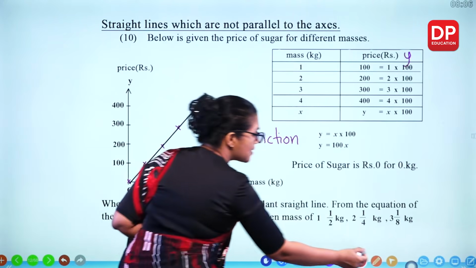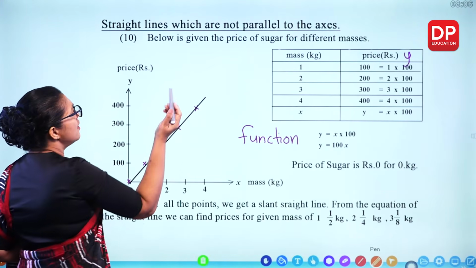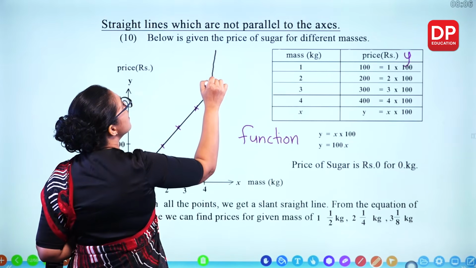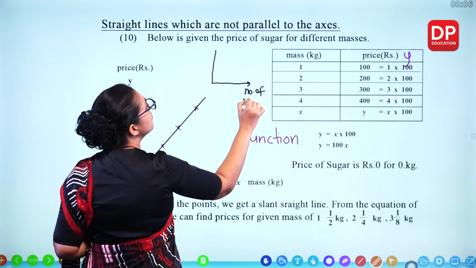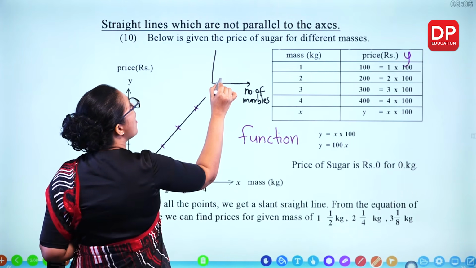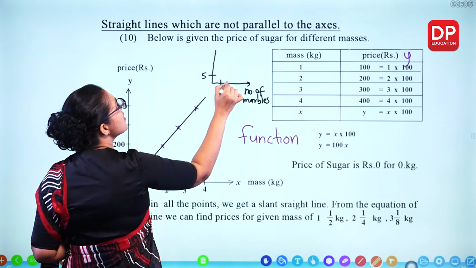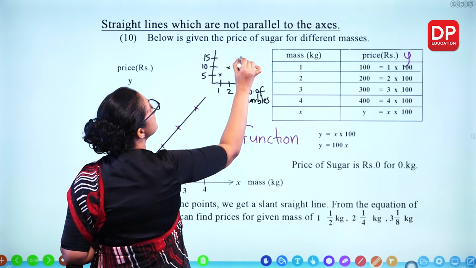But if it's something like number of marbles, for example, number of marbles and the price, 1 marble 5 rupees, 2 marbles 10 rupees, 3 marbles 15 rupees. Can we now connect this?